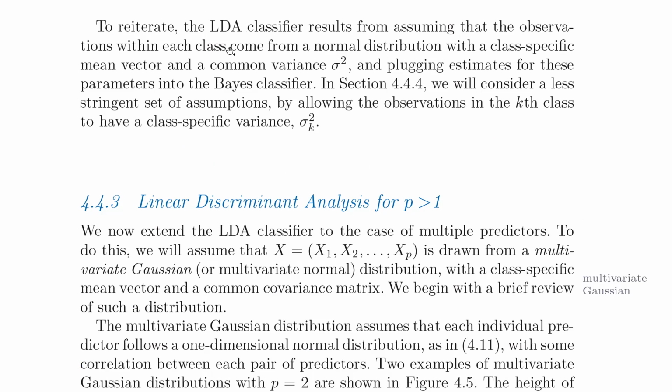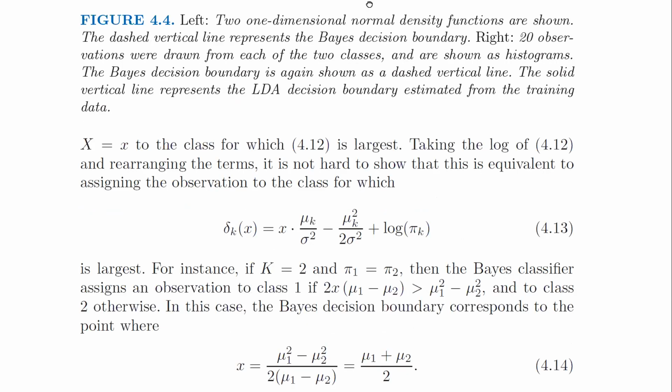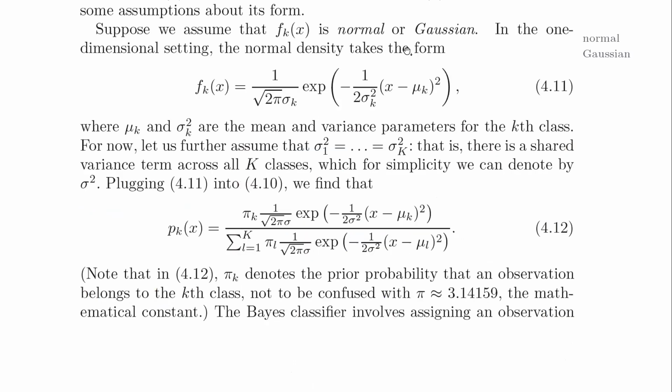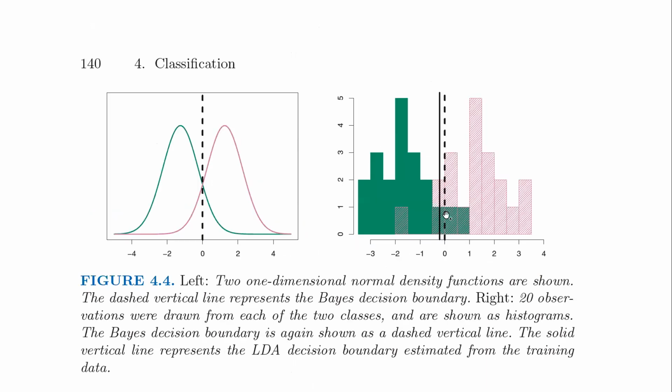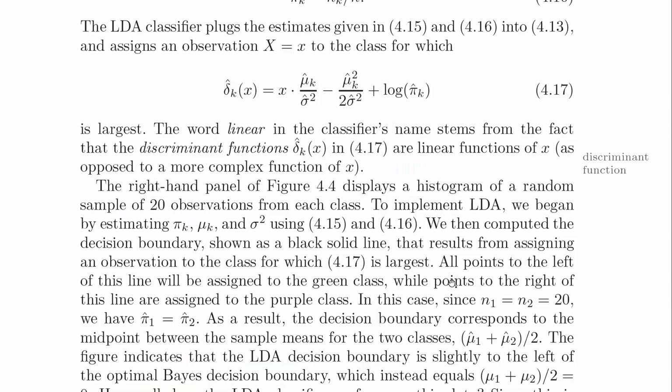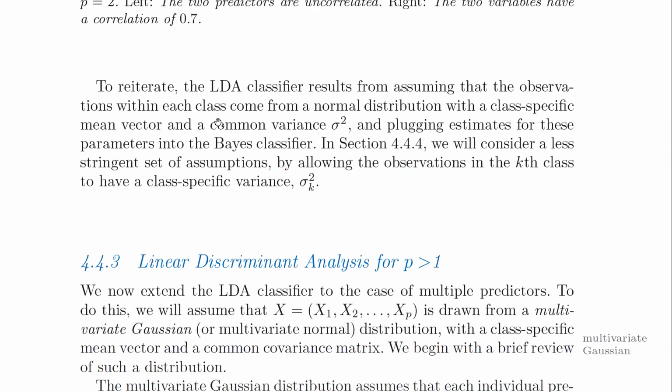So with LDA, you're always assuming normality for each of the K classes, with a class-specific mean vector and common variance sigma squared, and plugging estimates for these parameters into the Bayes classifier.